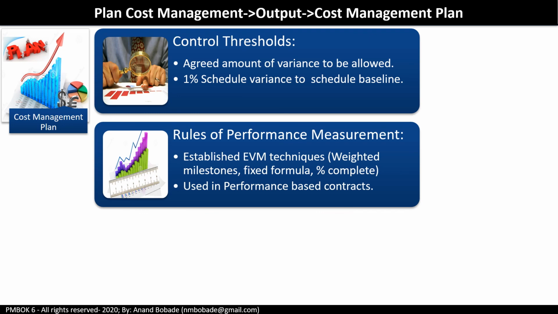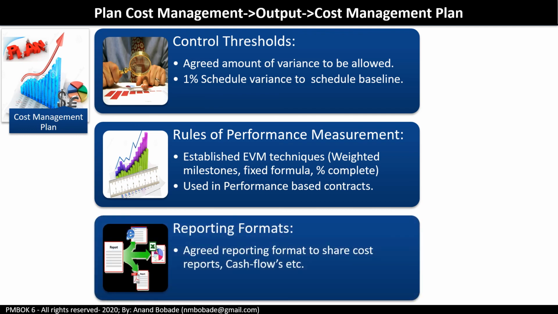The rules of how EVM will be used on the project should be specified during the planning. So all these details are included in the cost management plan. This is, you can say, the agreement between the project manager and the PMO or a sponsor to decide the project's performance. And finally, you have reporting format.